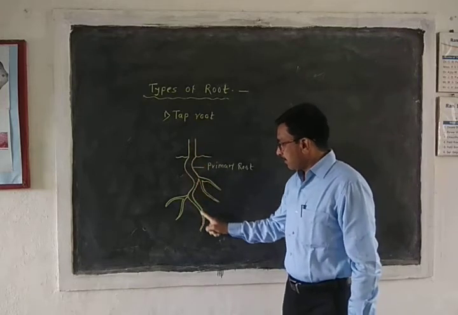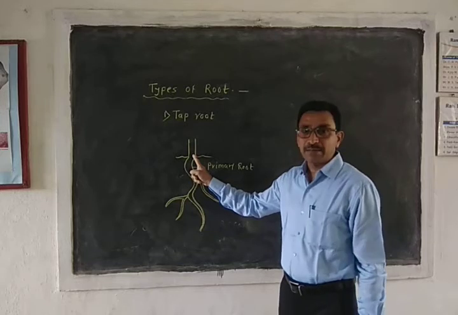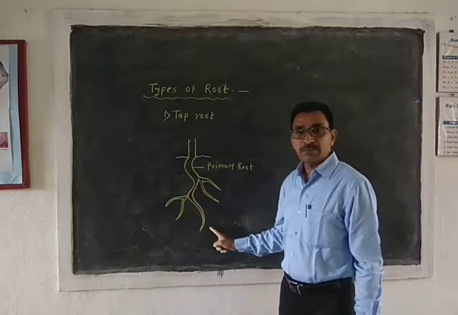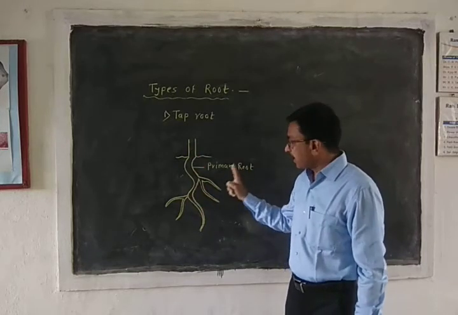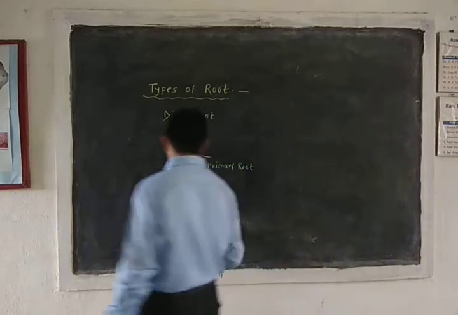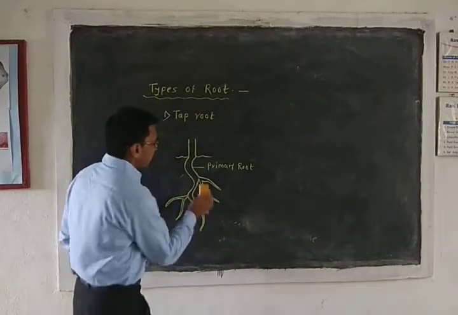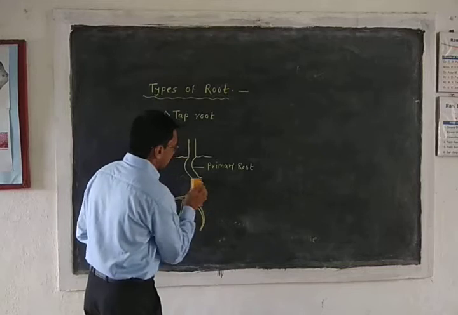This is a main branch of root which is directly developed from the radicle. Radicle पासून जे root form होतं त्याला काय म्हणायचं? Primary root. And this primary root later on produce the secondary and tertiary roots. हे जे primary root आहे, primary root काय करतं?